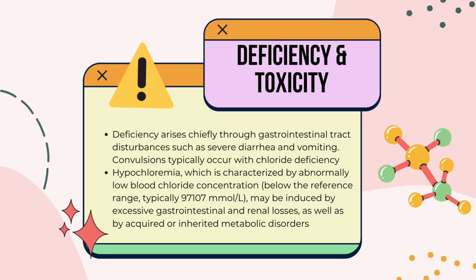Hypochloremia, which is characterized by abnormally low blood chloride concentration below the reference range, typically 97 to 107 millimoles per liter, may be induced by excessive gastrointestinal and renal losses as well as by acquired or inherited metabolic disorders.